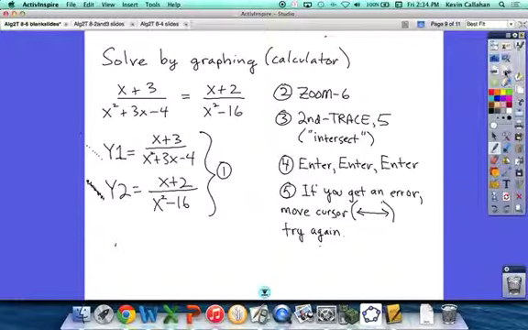We did it once by cross multiplying, and we did it once by multiplying by LCDs. If this side equals this side, then what you do to solve by graphing is you put them in the calculator as two different lines. Make it y equals this and y equals that, and then look for where the graphs cross. That will be the solution.